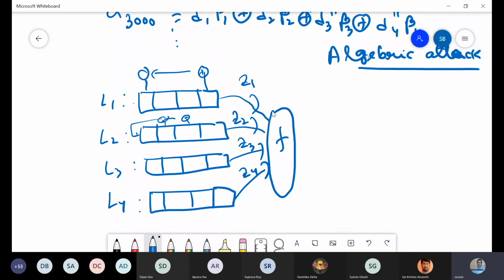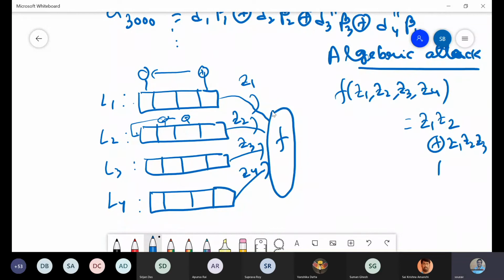So this is a function f of z1, z2, z3, z4, and we want it to be a nonlinear function, not just a simple XOR. Nonlinear means we can take, for example, z1, z2, then XOR with z1, z2, z3, then z2, z4, like this.